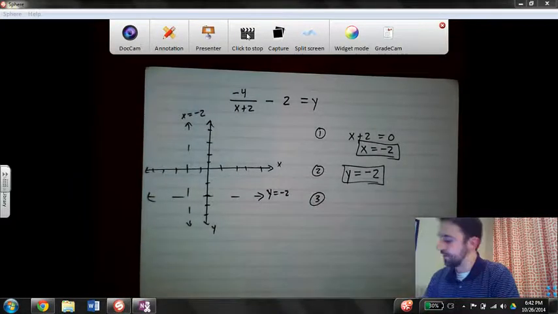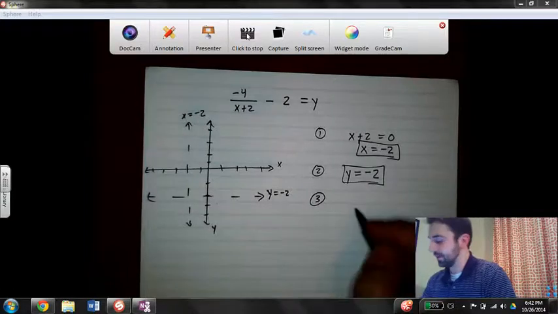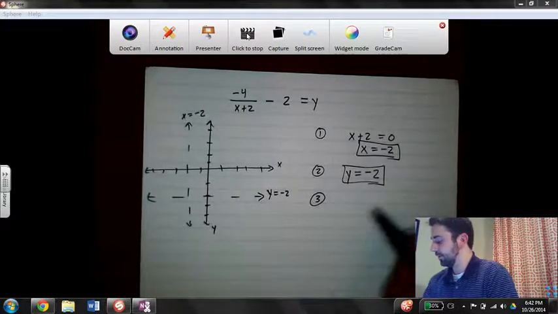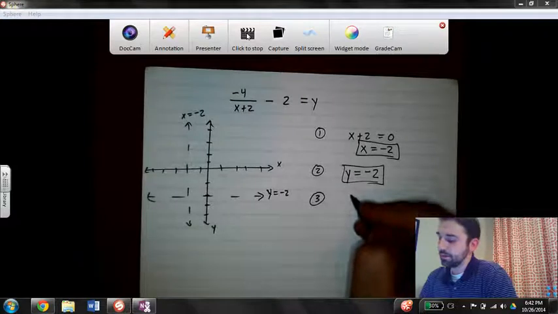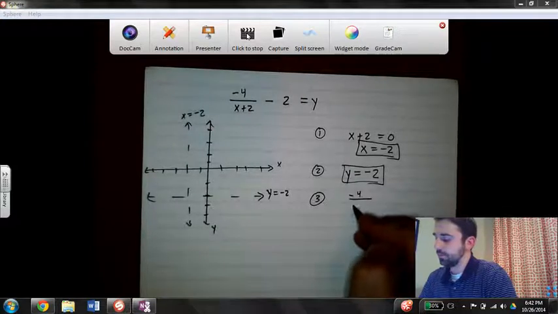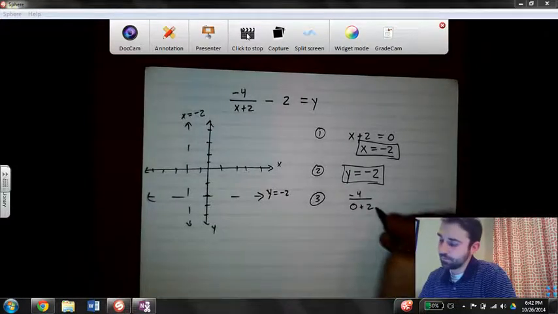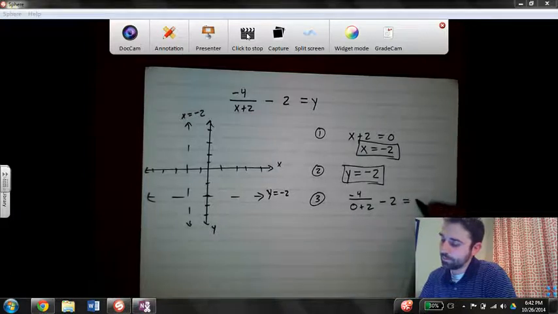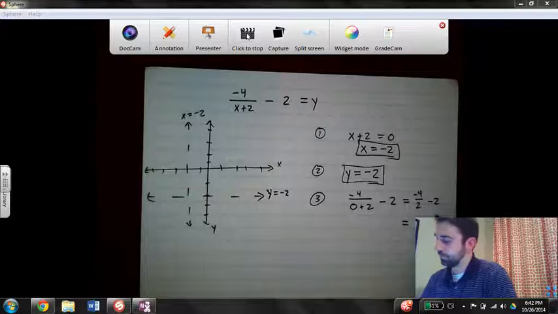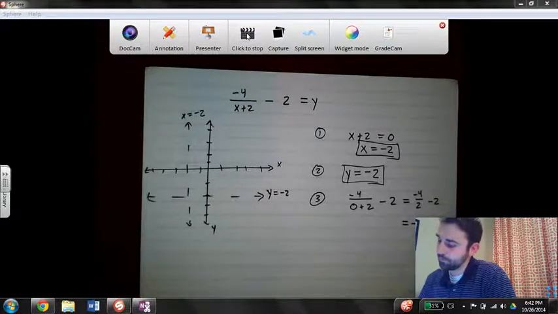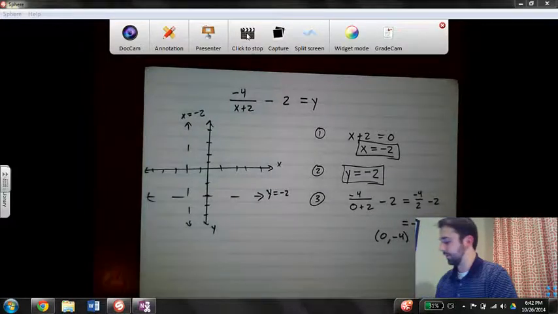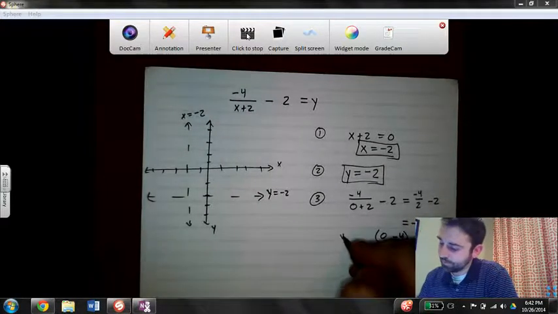And then my third step, to find the x and y intercepts. So to start with the y-intercept, I get (0, -4) as my y-intercept.